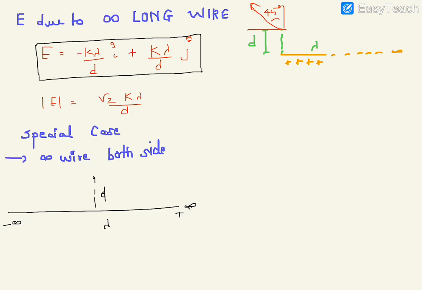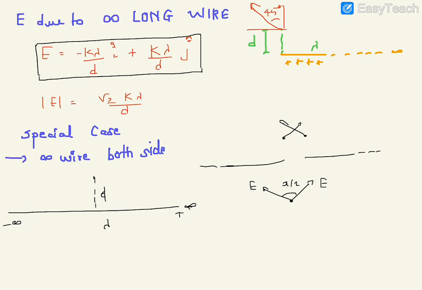In this case, what we can do is divide this infinite wire into two pieces of half infinite wires. From this part I will have an electric field on this side, and from the other part I will have an electric field on this side. So I will have two electric fields at a point with an angle of pi by 2. So I have this as E and E.